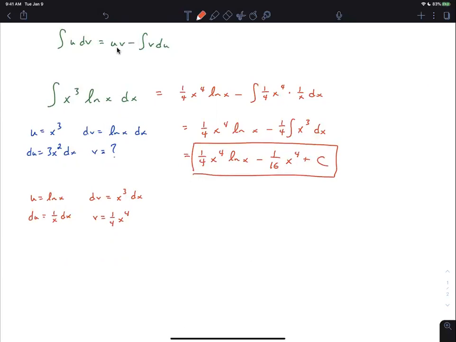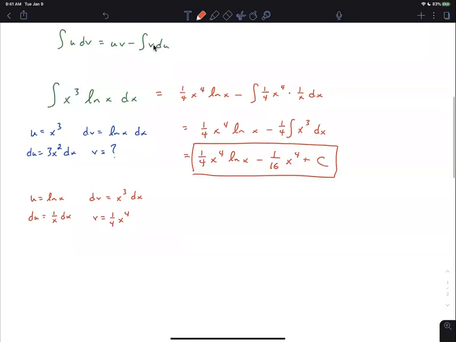The uv, that is part of the answer, and you need that. But as far as working the problem, you are done with that at that stage.